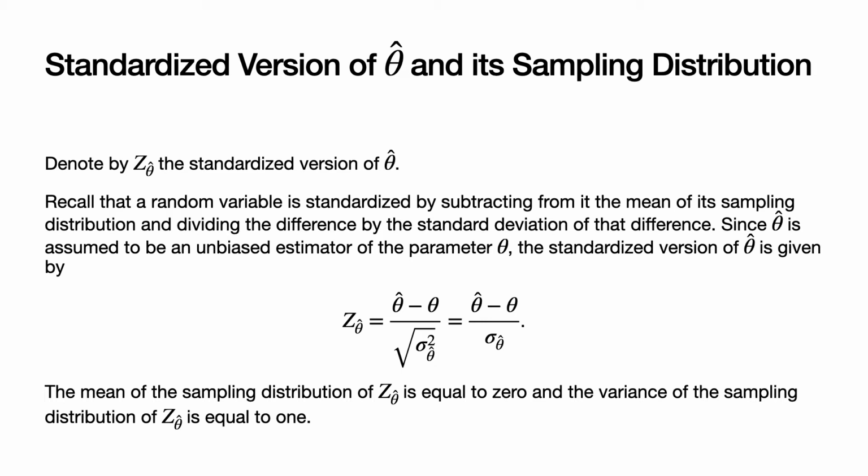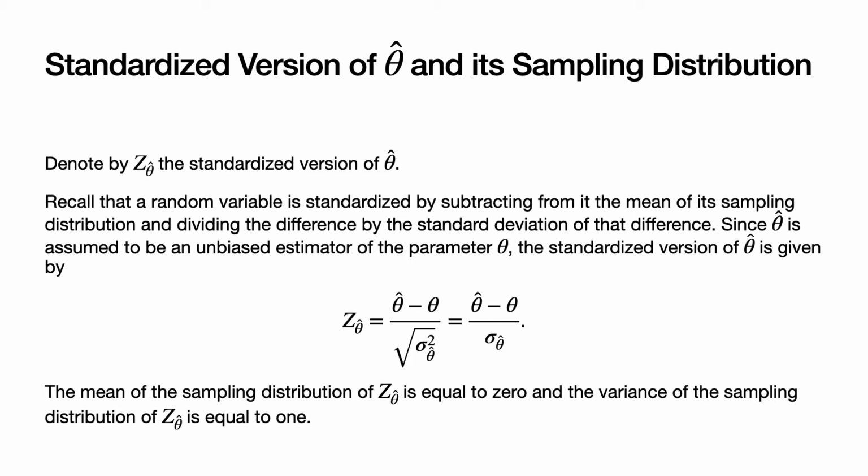Since theta hat is assumed to be an unbiased estimator of the parameter theta, the standardized version of theta hat is given by this expression. So Z sub theta hat is equal to theta hat minus theta, that difference over the square root of sigma squared sub theta hat. And that's equal to the difference theta hat minus theta over sigma sub theta hat.